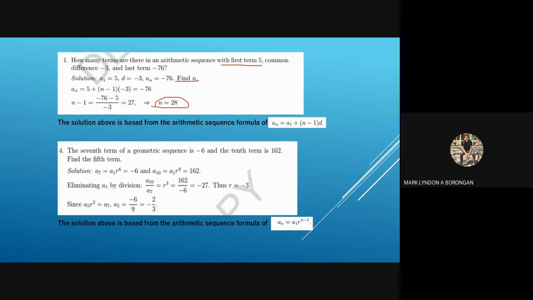Next example: the seventh term of a geometric sequence is negative 6, and the 10th term is 162. Find the fifth term. Okay, find the fifth term. The formula we will use for this given example is a sub n is equal to a sub 1 times r to the power of n minus 1.